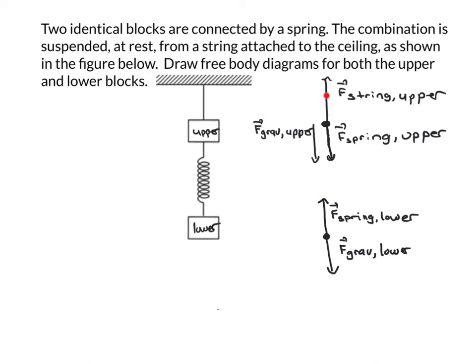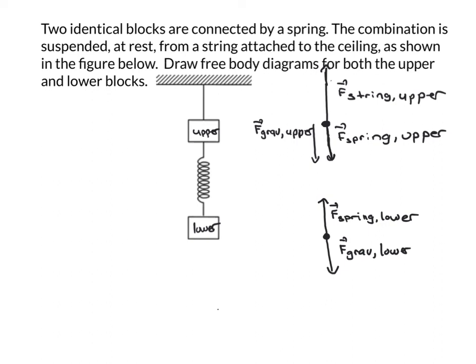So that means the length of this arrow really needs to be twice the length of these arrows. So let me clean this up a little bit. I'm going to make my upper arrow a little bit longer so that it looks like it's twice the length of these two arrows.